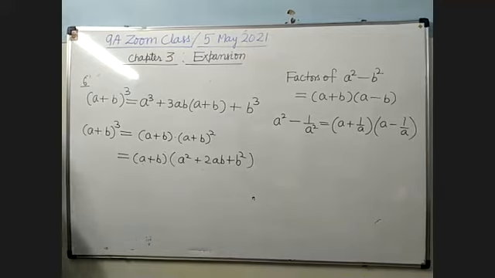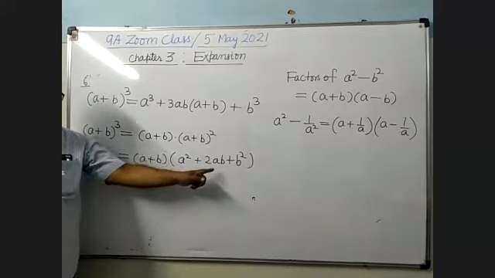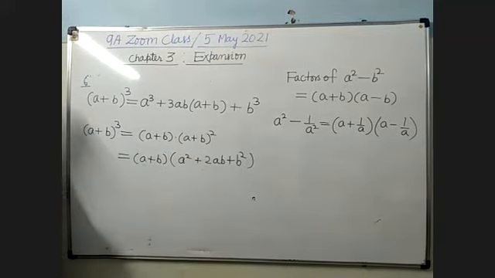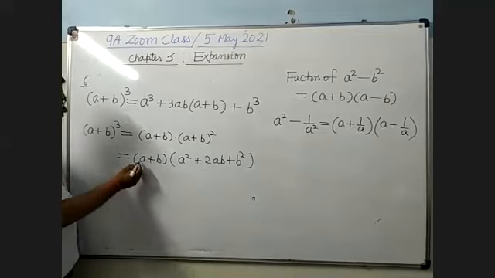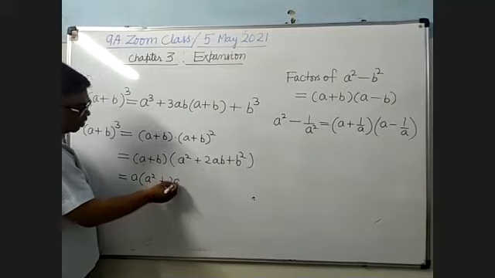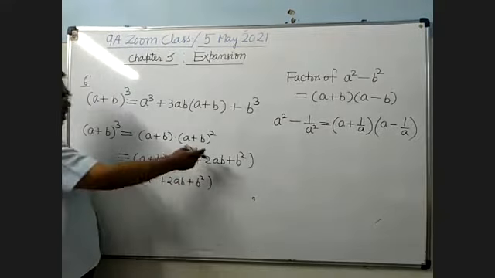It is clear because you have already done this. A plus b whole square equals this, that I already explained. Now what will you do? You will multiply a with this bracket, so a into a square plus 2ab plus b square. Then you multiply with b.